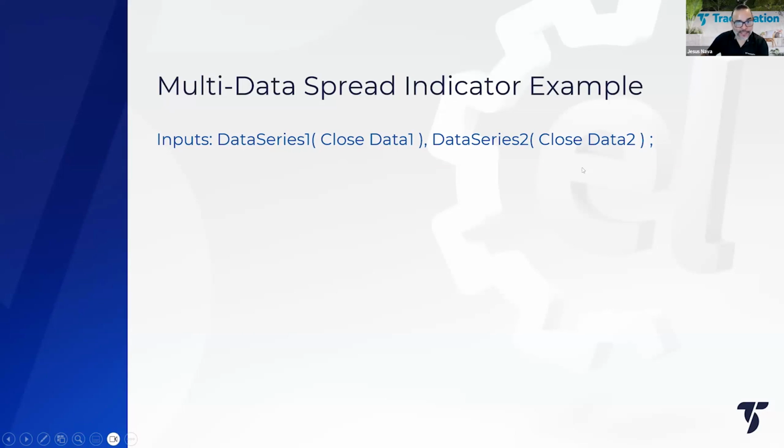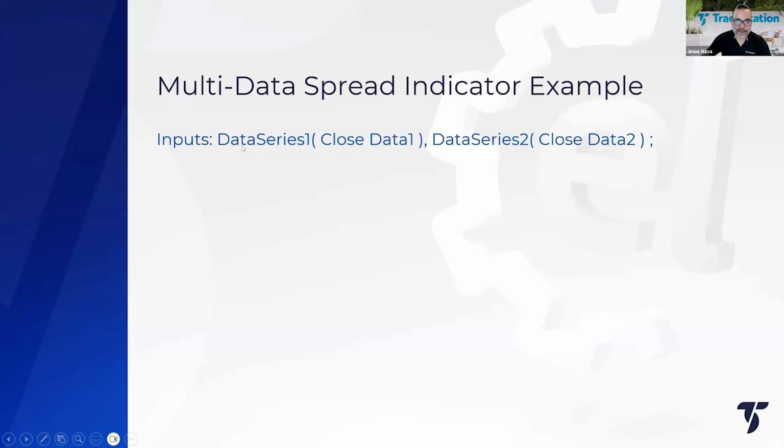We're defaulting these two inputs to the close of data 1 and the close of data 2. Notice the syntax. Data 1, we already established, is a reference to whatever symbol you have on the chart. And if you have close in front of that, close data 1, it means it has to look at the closing price of the first symbol. And this one over here looks at the closing price of the second symbol. Data series 1 and data series 2 are made up names. That's why they're in what's called a declaration statement.